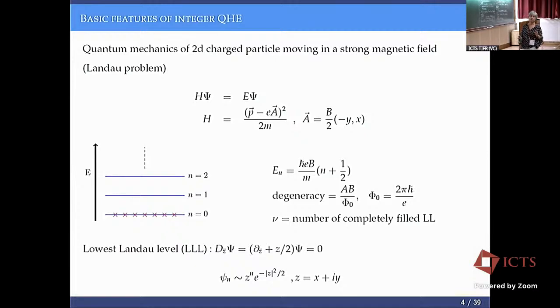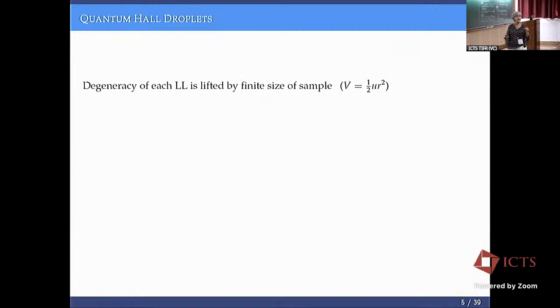Now we want to look at the many-body problem. In talking about the degeneracy here, I neglected the finite size of the material. Because the material is finite, at the edges there is a confining potential to keep the electrons inside the material. So the Landau levels get slightly deformed at the edges.